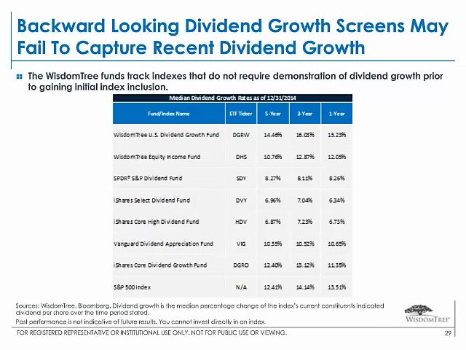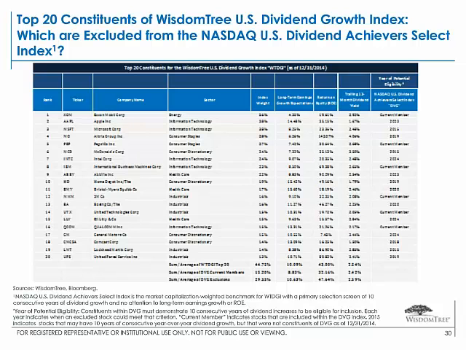Another interesting way to look at it is if we take the NASDAQ U.S. Dividend Achievers Select Index, again, that VIG ultimately tracks, and we say, what are the top 20 constituents within the WisdomTree U.S. Dividend Growth Index? What we're really asking is, of these companies, which have been able to grow their dividends for 10 years consecutively and which haven't?